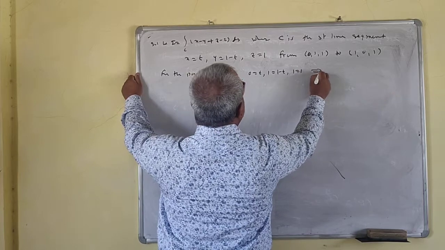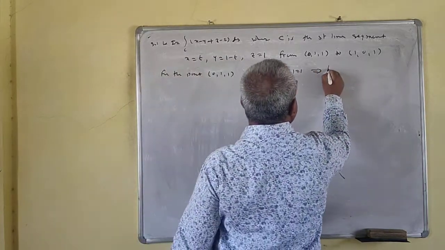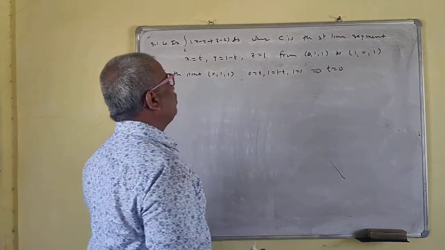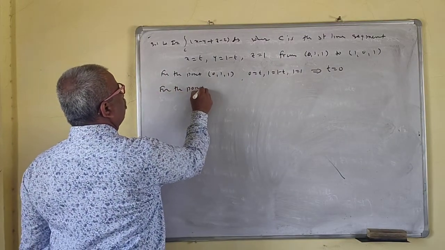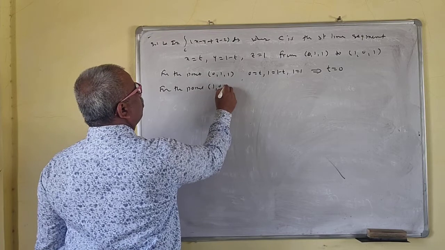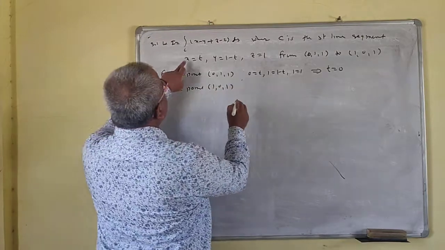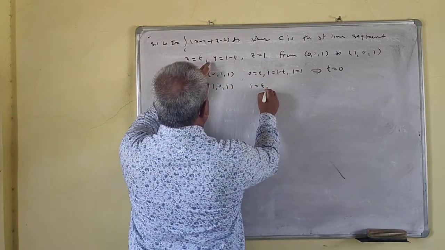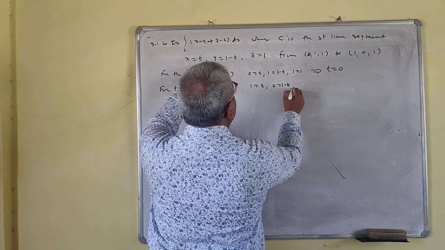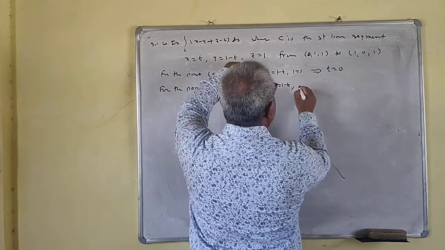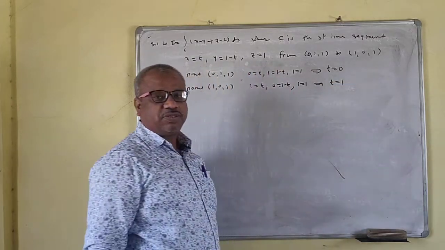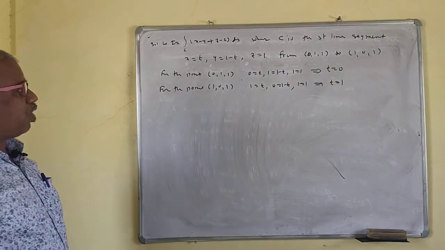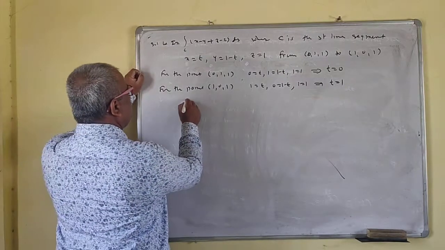This implies that t is equal to 0. For the point 1, 0, 1, we put 1 is equal to t, 0 is equal to 1 minus t, and z is equal to 1 is equal to 1. This implies that t is equal to 1. That means your range of t is 0 to 1.